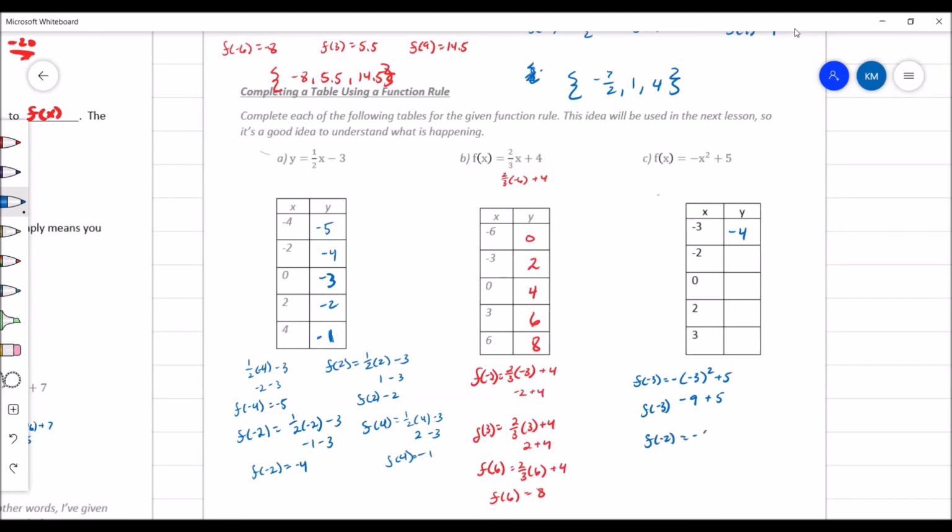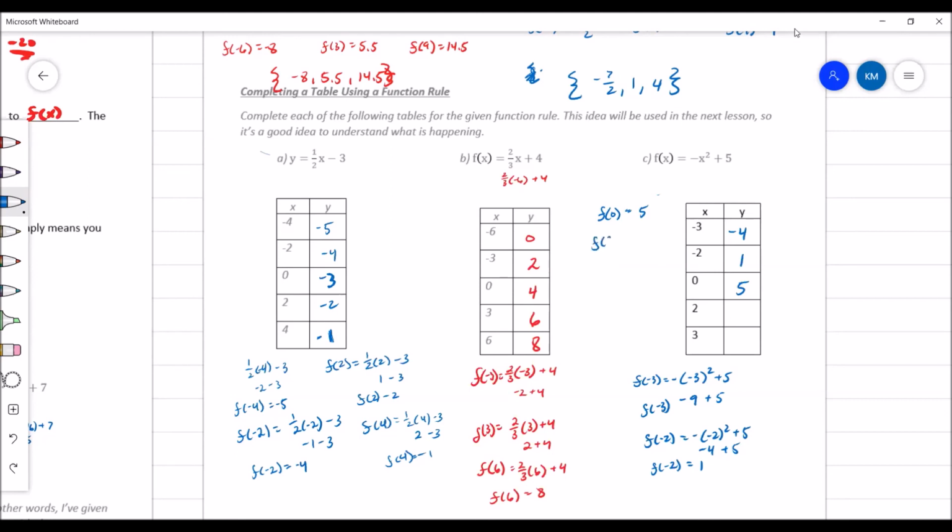Do the same thing for f of -2. When we plug it in, we'll have -(-2) squared plus 5. And that's -4 plus 5, or positive 1. F of -2 is positive 1. Okay, we'll do the same thing here. I'm going to move up here so I don't have to scroll. F of 0, and that should be easy, right? 0 plus 5 is 5.